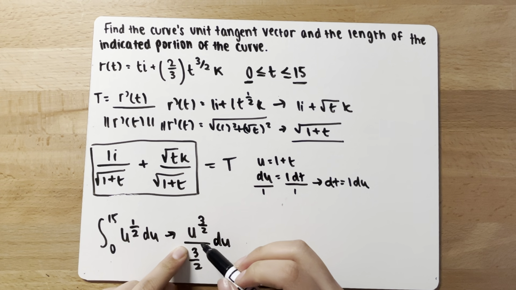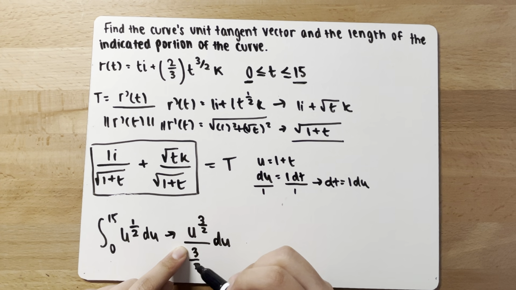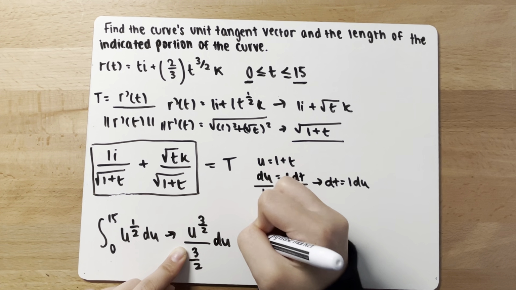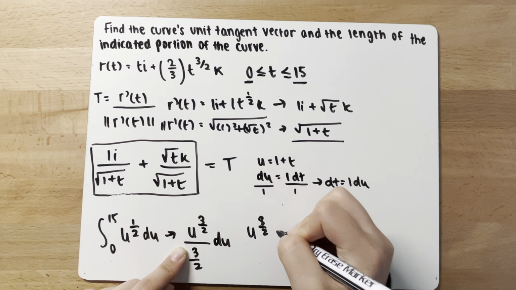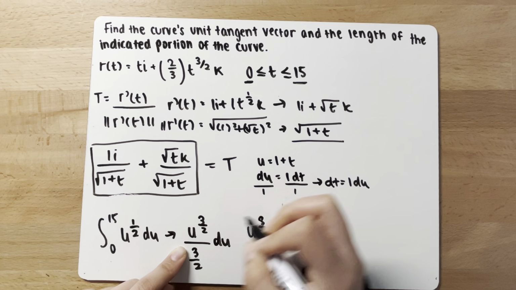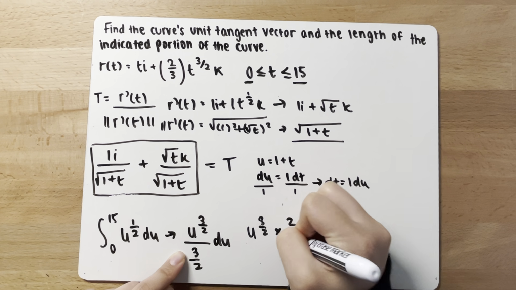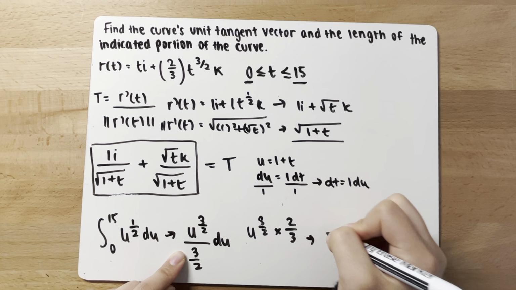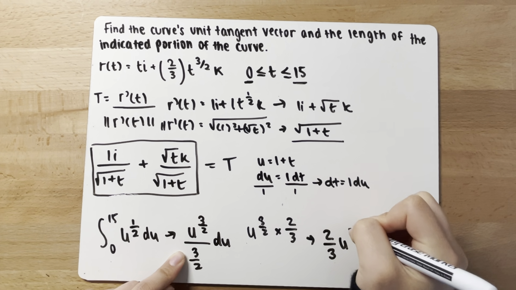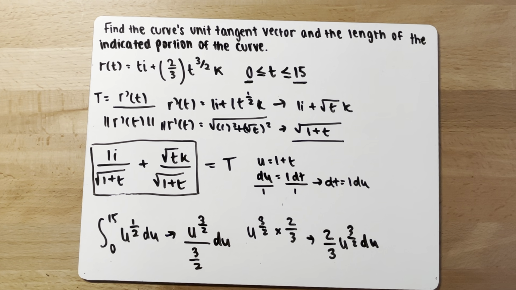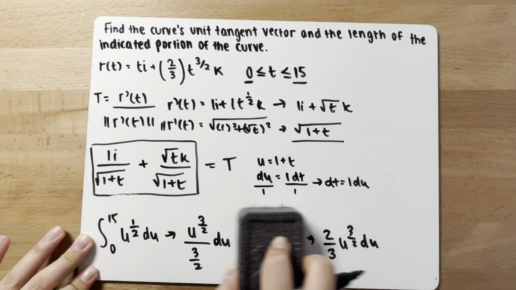When you divide by a fraction, it's the same thing as multiplying by its reciprocal. So dividing by 3/2 is the same thing as multiplying by 2/3. So you then have 2/3 u^(3/2) du.